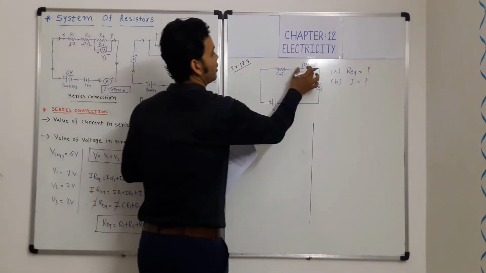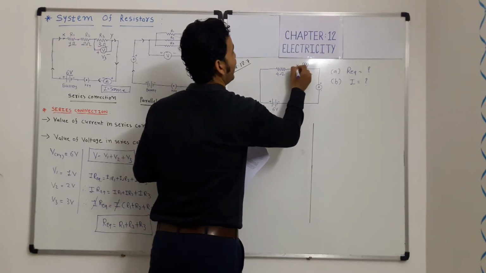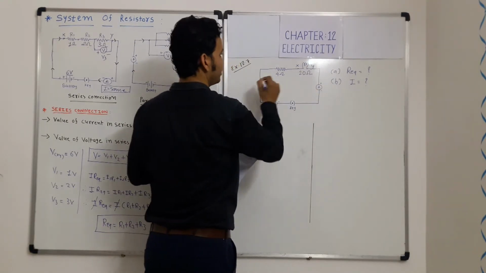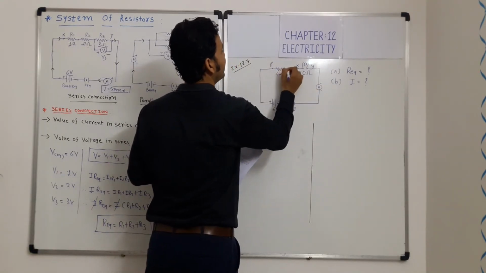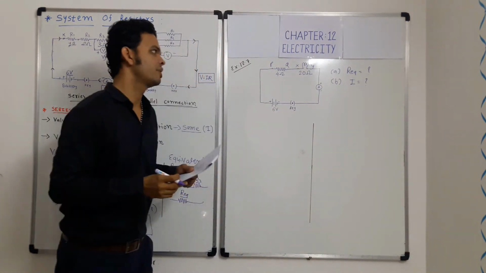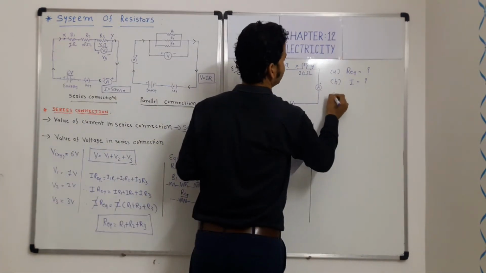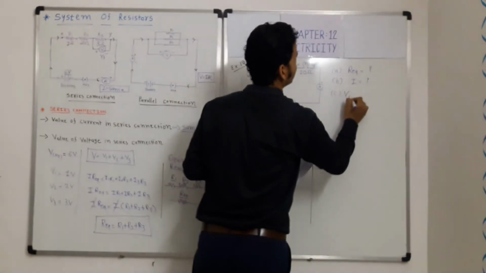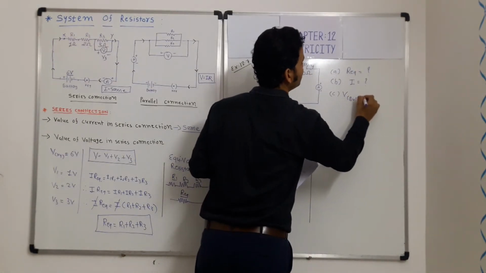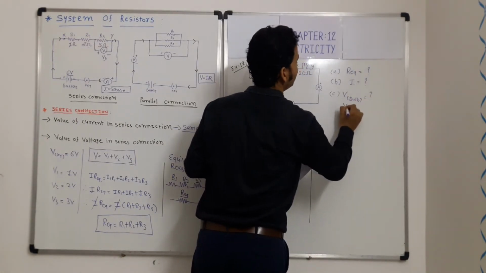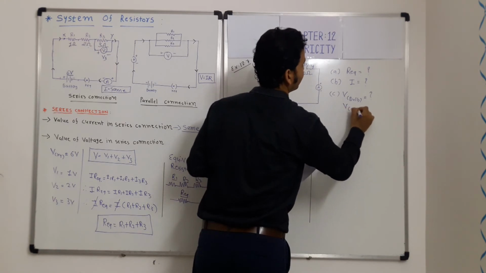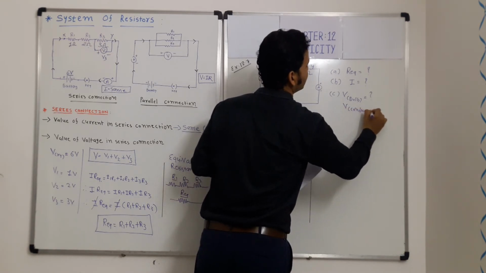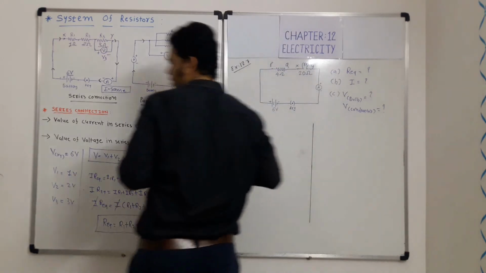That means across these two points, let's say X and Y, what is the potential difference, and across P and Q, what is the potential difference. So for C, we need to find V across the bulb and V across the conductor.